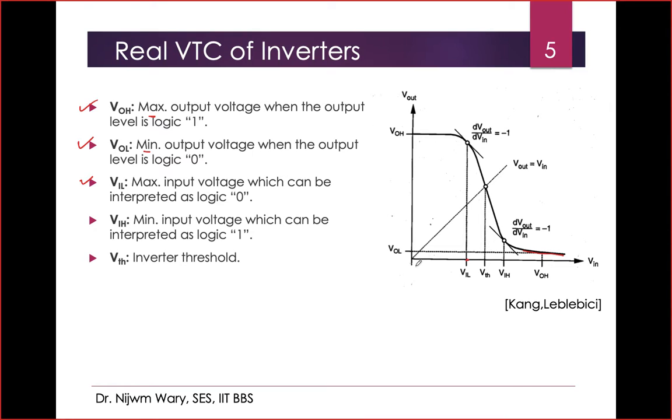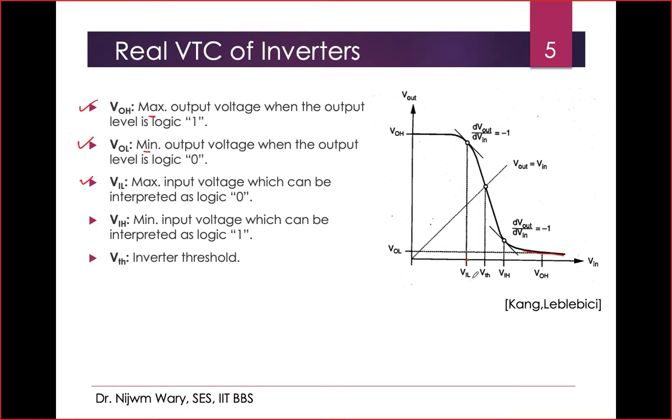All the Vin which is less than VIL can be interpreted as 0, but after VIL we are not sure, it's ambiguous. So at least till VIL we can say that the input of the inverter is 0. Now based on this curve, how do you define where this point VIL is?